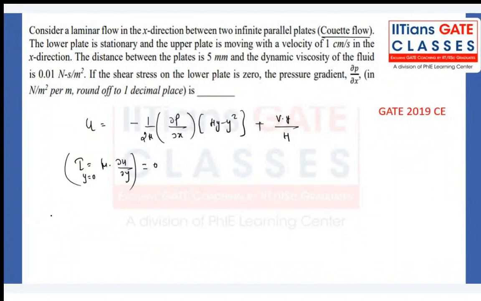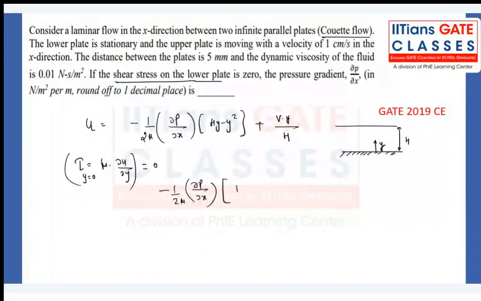Why is it 0? Because it is given: the shear stress on the lower plate. When y equal to 0, that denotes the lower plate. So minus 1 upon 2 mu, dou p by dou x, (h minus 2y) plus v by h, is equal to 0 simply.